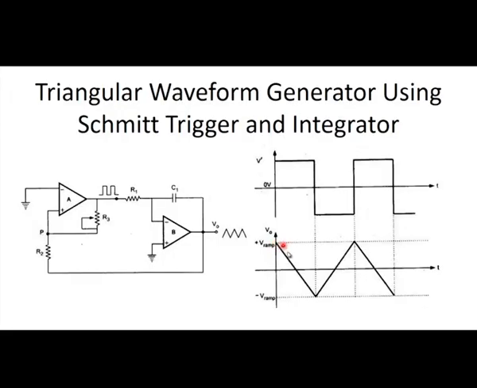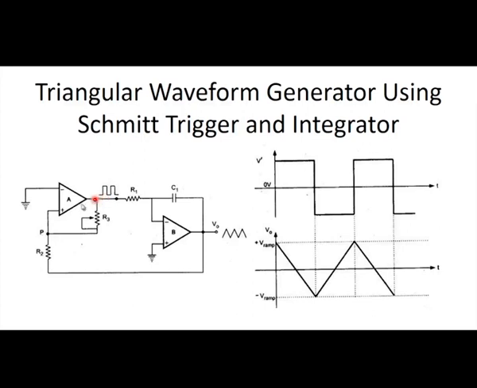When the negatively going ramp is given to the other end of the resistor R2, at one point the effective voltage at the positive terminal will be lesser than 0 volt. In that case, the voltage at the negative terminal is higher, and so the output will now be switched back to minus V saturation.